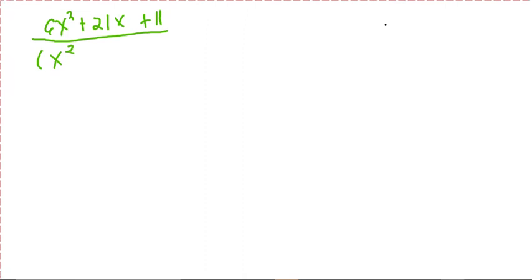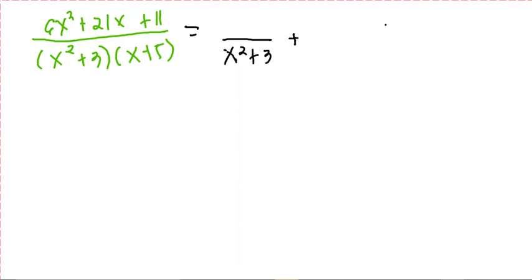We have x squared plus 3 all over x plus or multiplied by x plus 5. So, paano siya natin i-decompose? This will be equal to, copy natin ang ating mga denominator. So, we have your x squared plus 3. And another nga denominator is x plus 5.